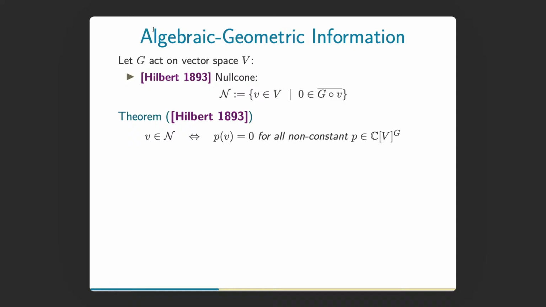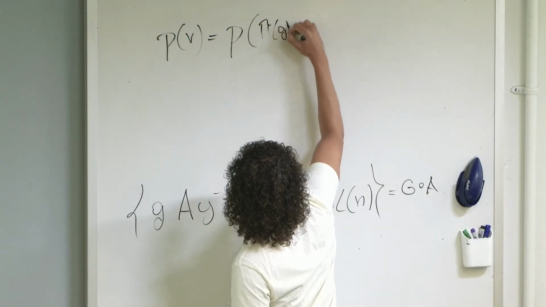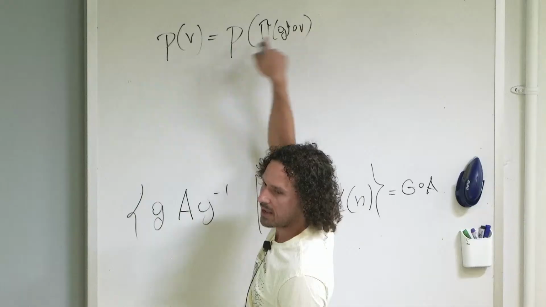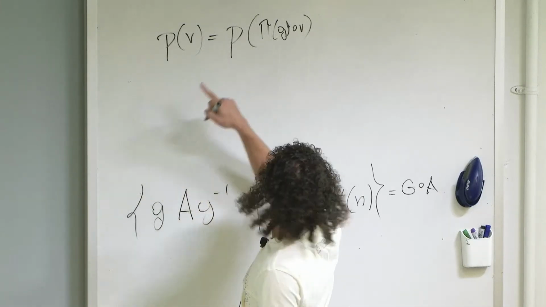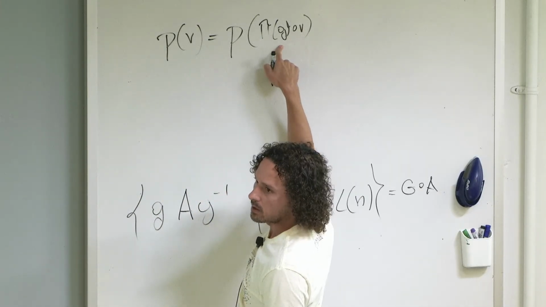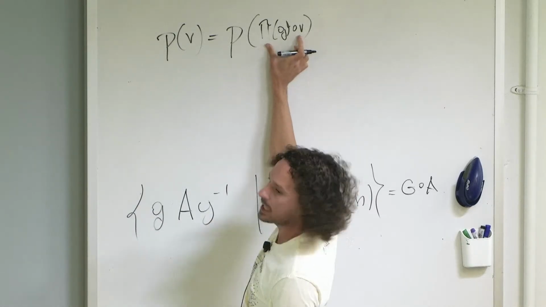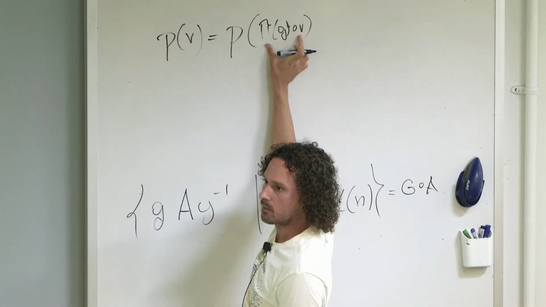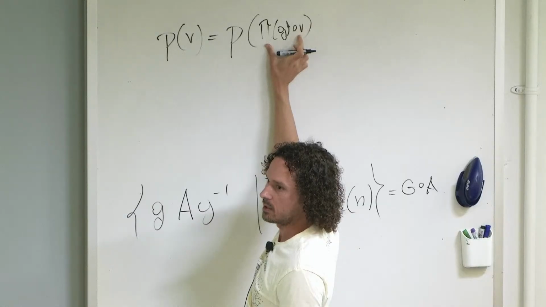The polynomial at v is the same as the polynomial at g·v for any group element, so this value doesn't change. But there is a sequence g·v that converges to 0, so the polynomial's value is 0. And if my polynomial is homogeneous here, then what happens?